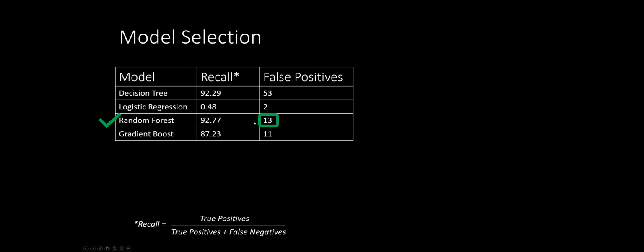That's especially useful because if we did the math here and did some more research, there might be an overlap between the predictions of the decision tree, the logistic regression, the random forest, and the gradient boost. But at the same time, there might also be some unique predictions in each of these. So what you want to do is see if you can pick some models which have a high recall but very few false positives. For example, if you take the random forest and the gradient boost, between the two of them there's only a total of 24 false positives.